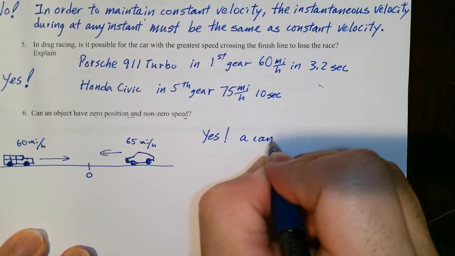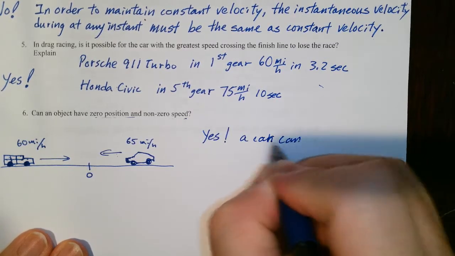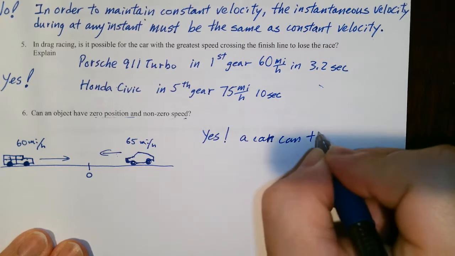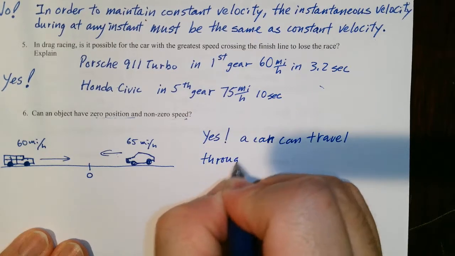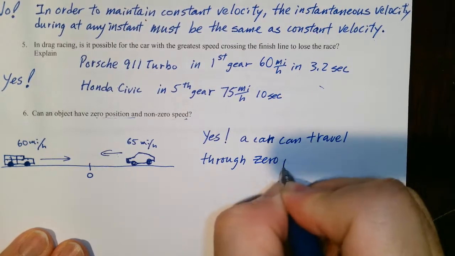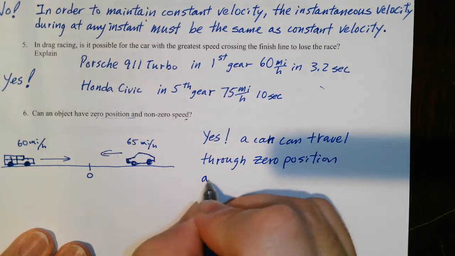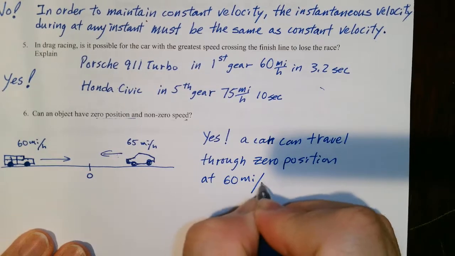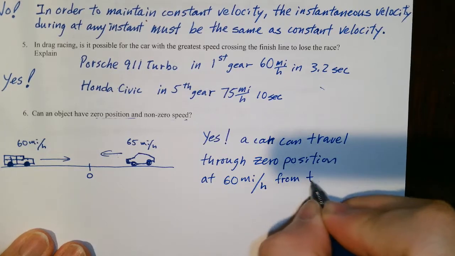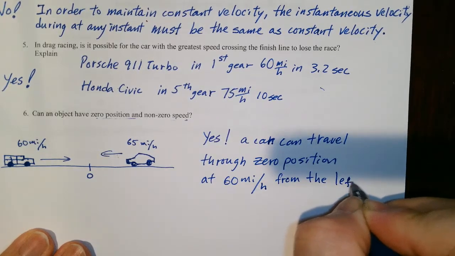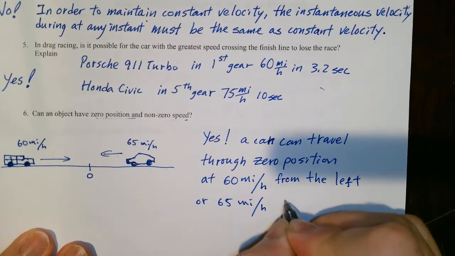A car can travel through zero position at 60 miles per hour from the left, or 65 miles per hour from the right.